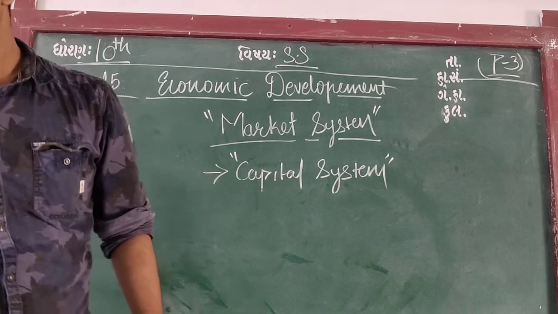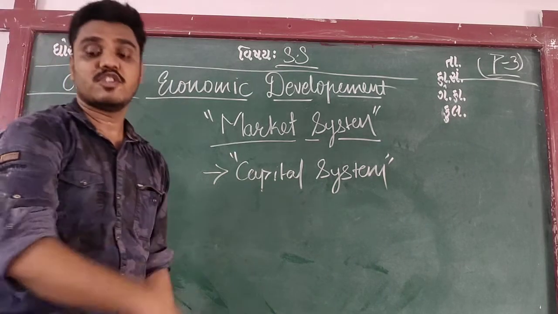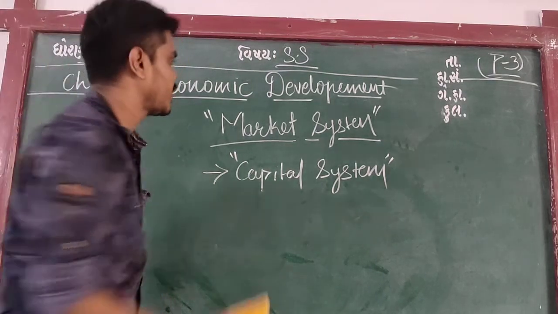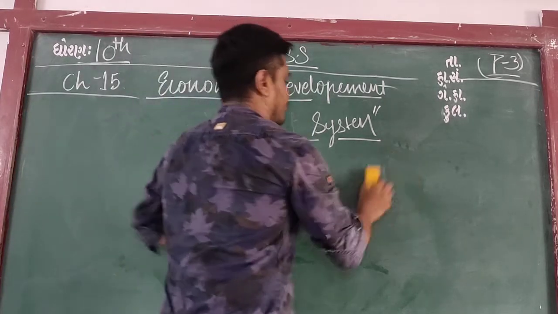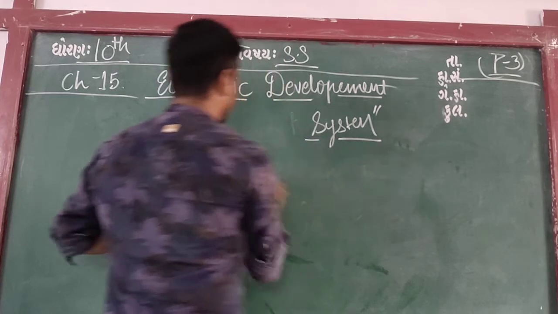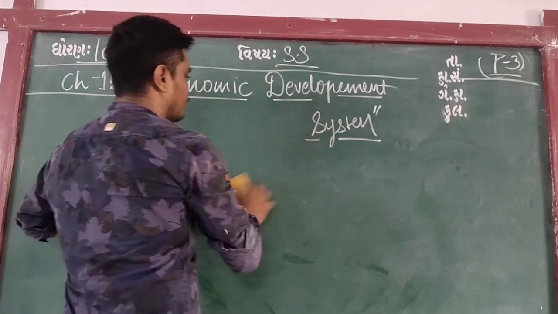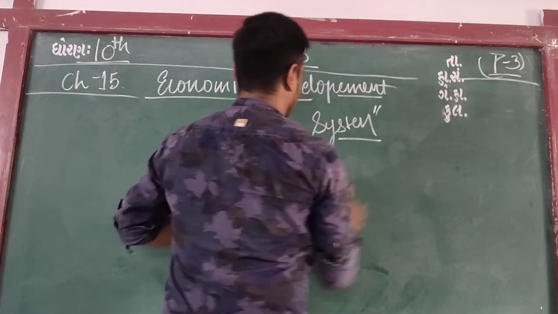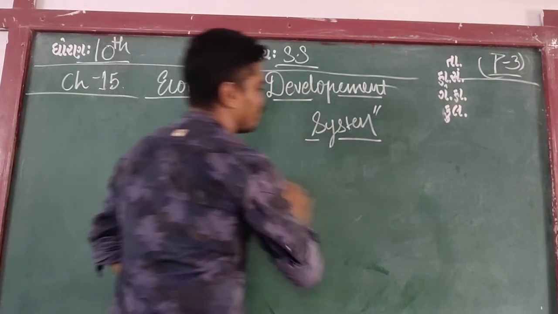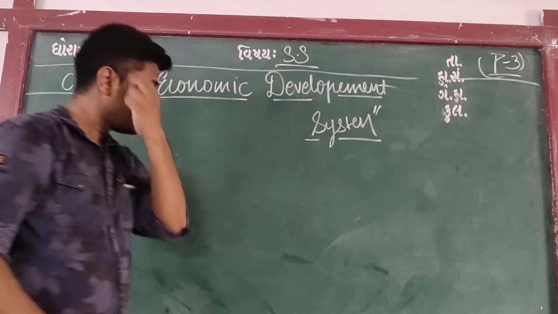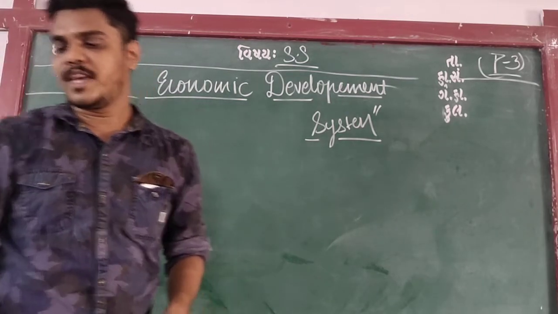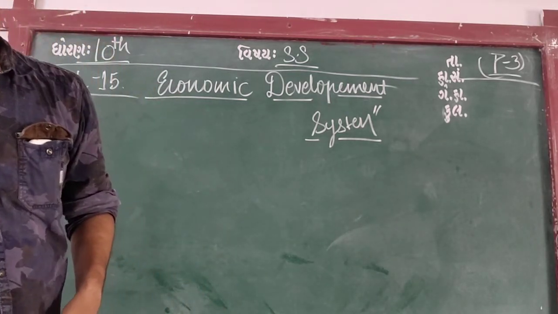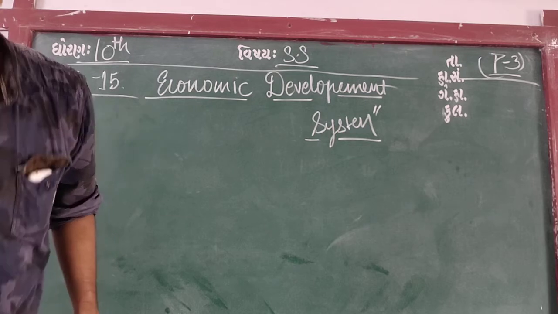Now we have the socialist system. The second one is the socialist system. Socialist system means what?